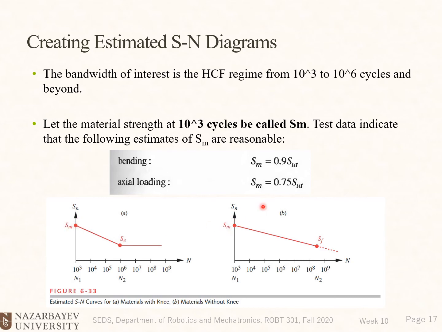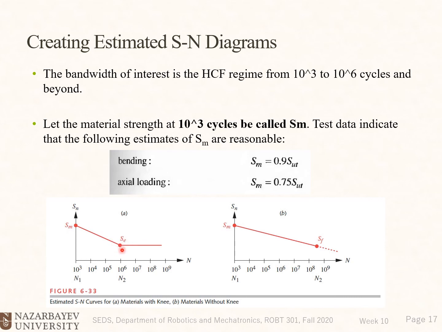And Sm could be calculated by these approximations. Sm is the strength of the material at 1,000 cycles. Then we need to find Se for those materials that show a knee, like steel, or an endurance limit.